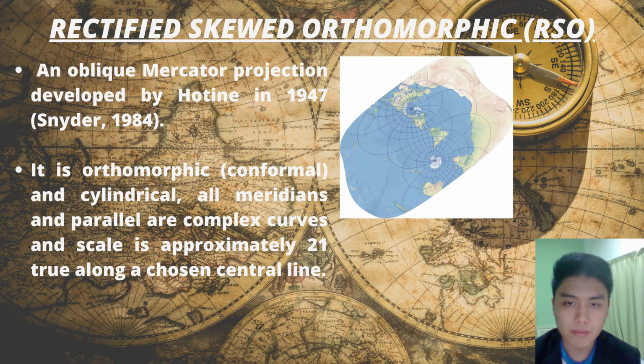Scale is approximately true along a chosen central line, which is exactly true along a great circle in its spherical form. It is thus a suitable projection for an area like Switzerland, Italy, New Zealand, Madagascar, and Malaysia as well, and it is one version of the oblique Mercator projection derivation.